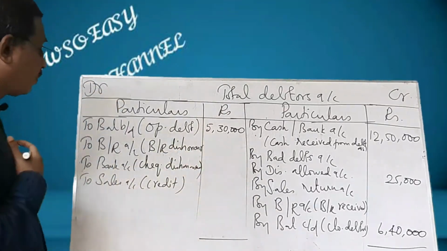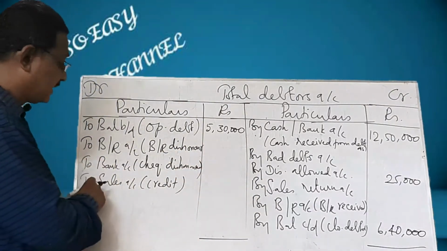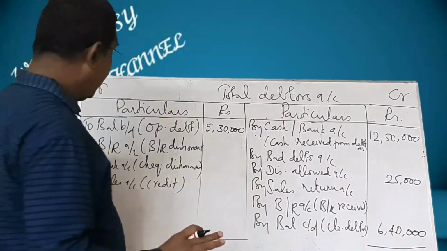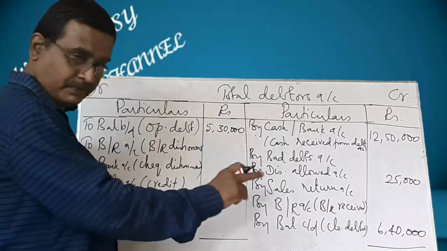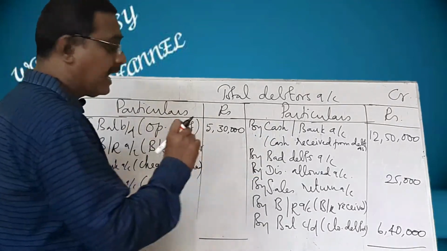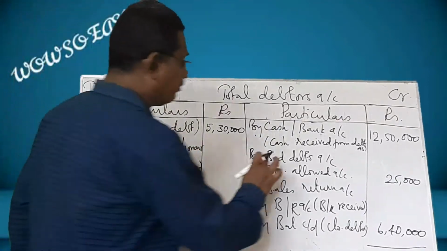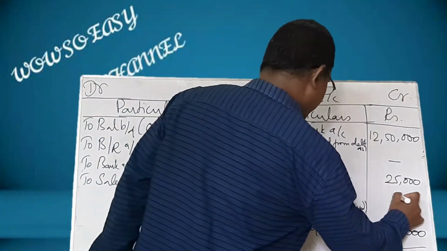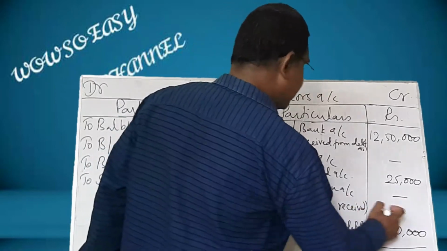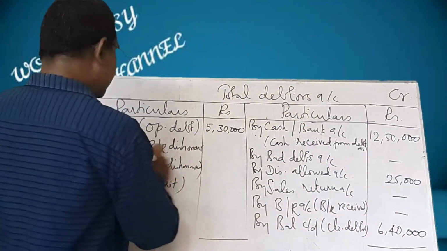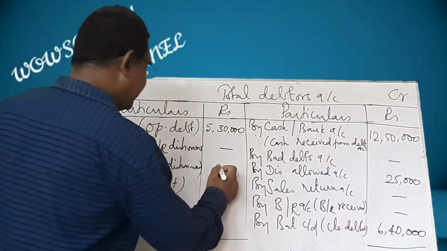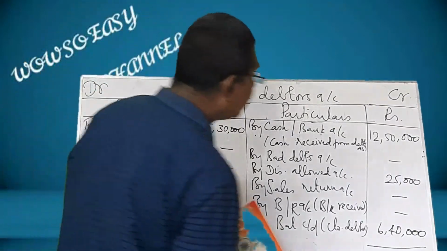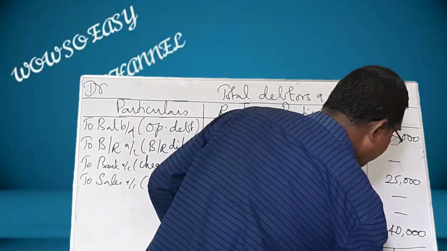See, now we are going to find out the credit sales. Here is credit sales, so this side will be exceeding. Before going to make the balance, make a dash in the items which are not given. Bad debts is not given, sales return is not given, bills receivable receipt is not given, dishonored is also not given. And find out the total, 19,15,000.